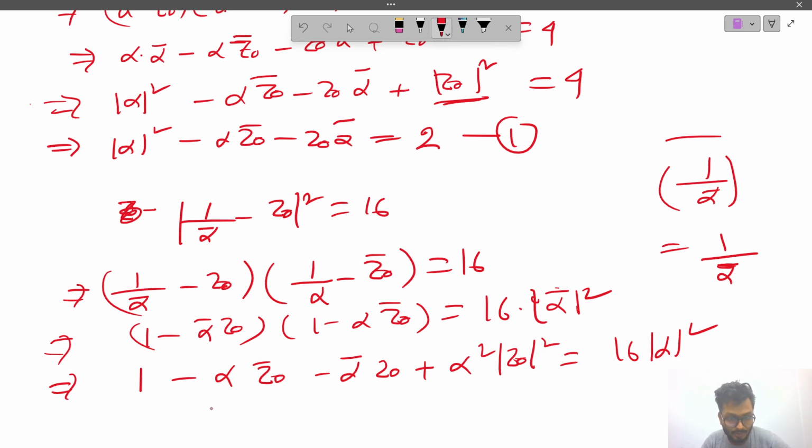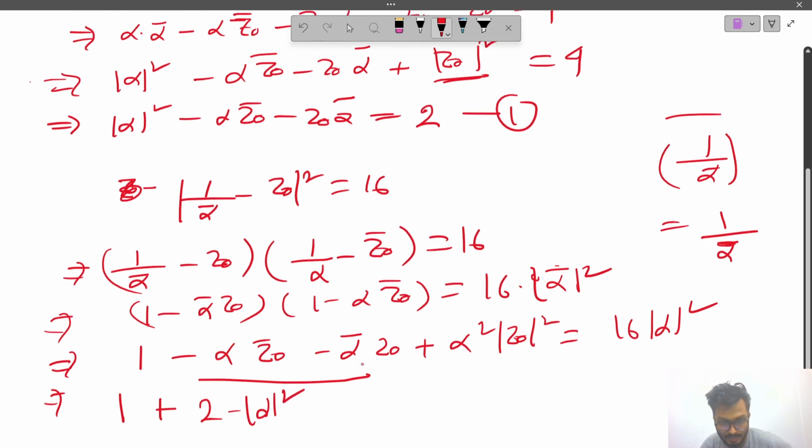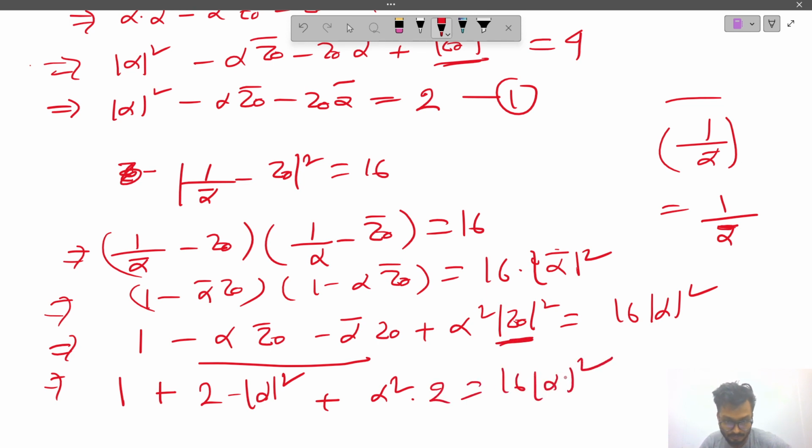Now we know the value of this from here. So what is the value? Simple as that: 1. So the value of this is plus 2 - |α|², right? So this is the value plus α² into, we know the value of this is 2, equals 16|α|².